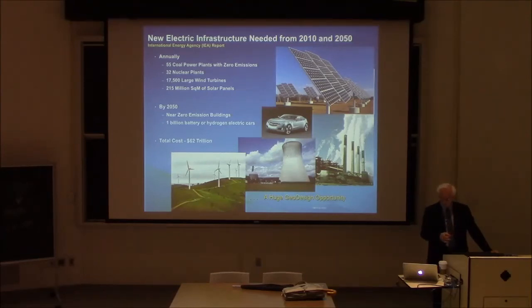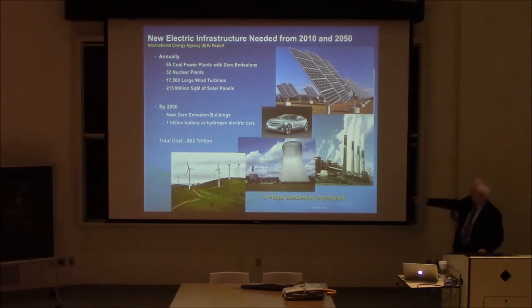Every year. So by 2050, zero emission buildings. In fact, we're already well on our way to buildings that actually are energy positive. In other words, they generate more energy than they use, with things on the side. $62 trillion in 2010 dollars to generate this new energy infrastructure.